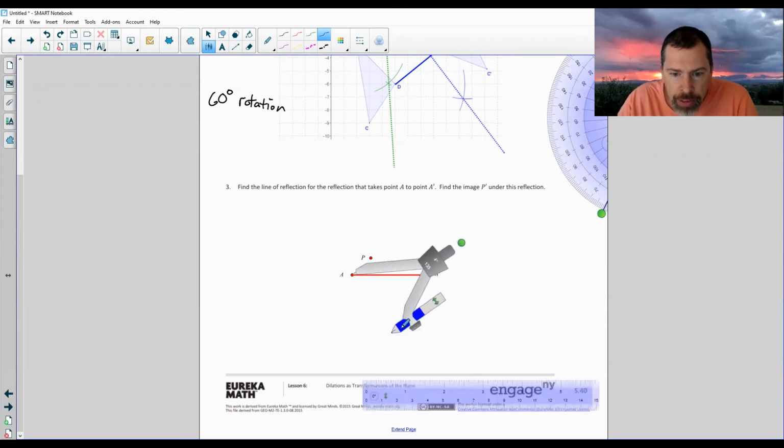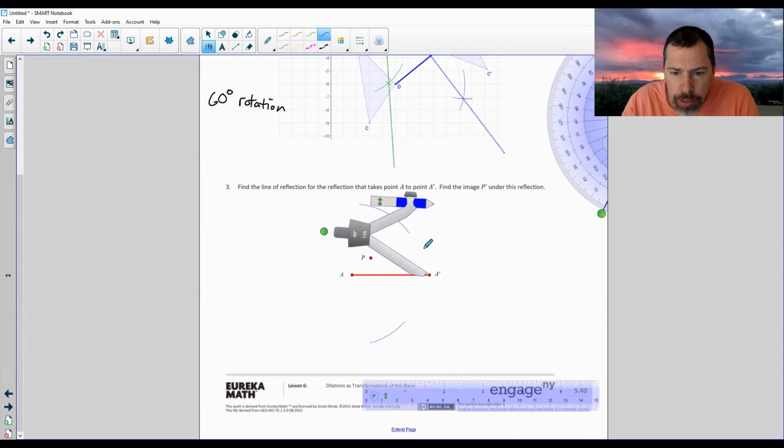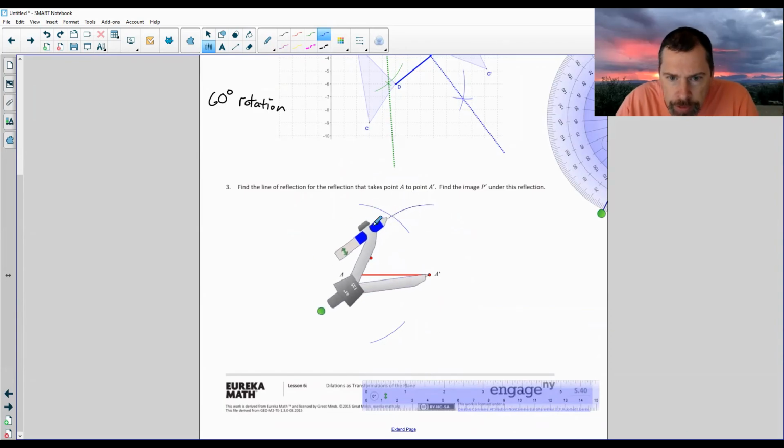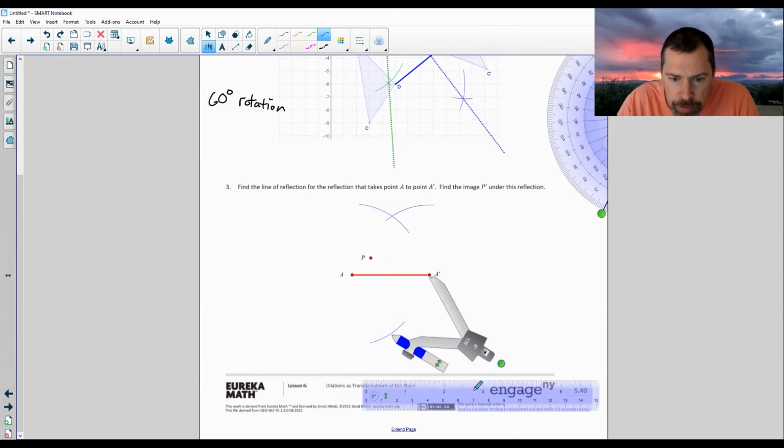And I create an arc here, rotate up, create an arc here, move over to A prime, create an arc here and bring it down to the other arc and create an arc there.